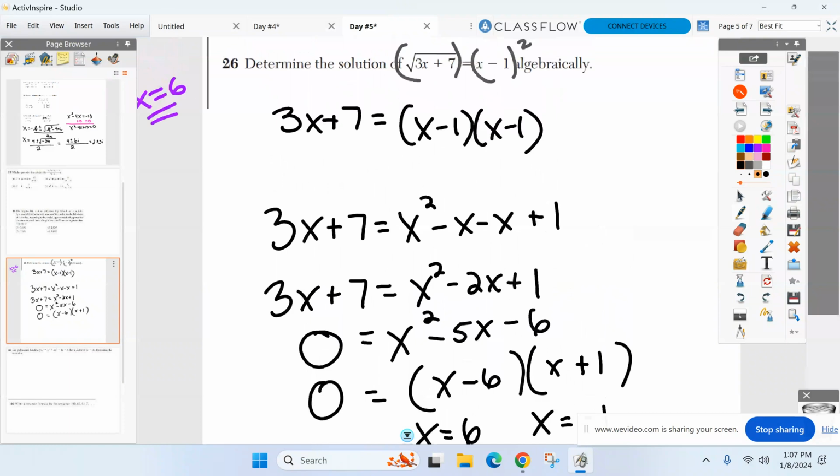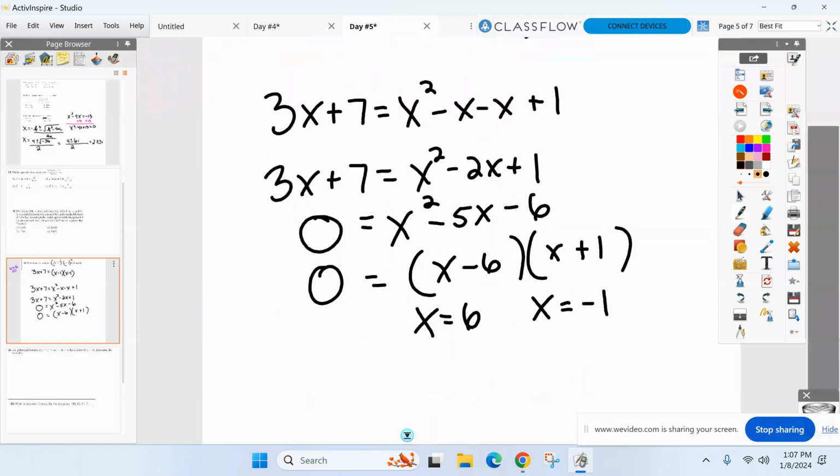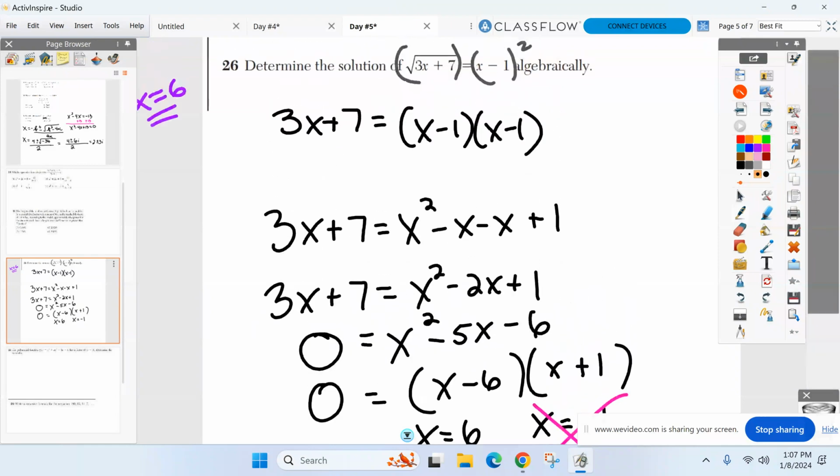And when you check negative 1, they won't equal each other. But you don't have to worry about that because you already know there's one answer and one answer only. So see you later, x equals negative 1. Questions there? I wanted to make sure we went over solving a radical. What's up next?